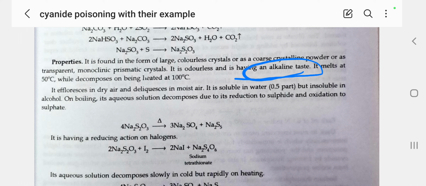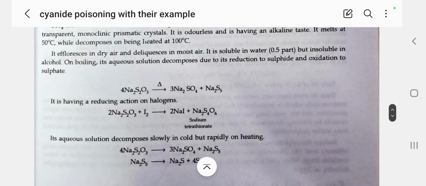It melts at 50 degrees Celsius while it decomposes on being heated to 100 degrees Celsius. It effloresces in dry air and is deliquescent in moist air. Deliquescence means it forms a watery liquid when stored in moist air.